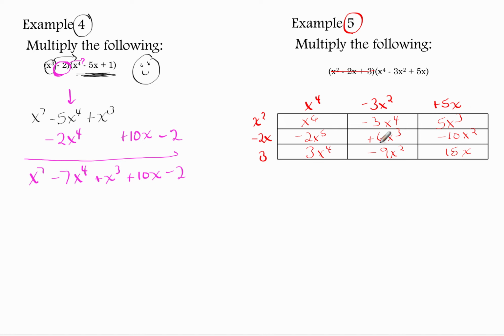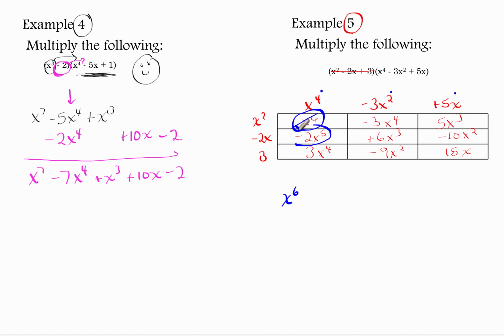Now it's time to combine like terms. But I did a little trick here. These are decreasing degrees, but they're not systematically going down. In other words, we skipped the third degree and we skipped a no degree. So x to the sixth, there are no other x to the sixth.